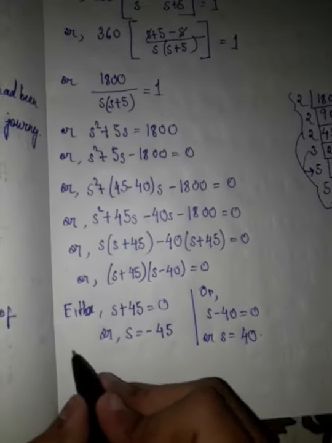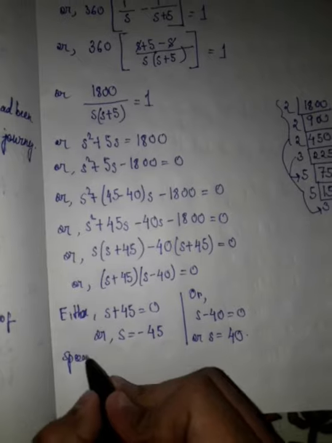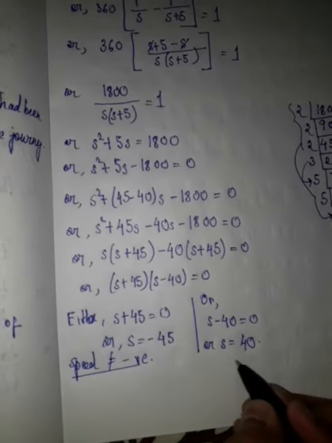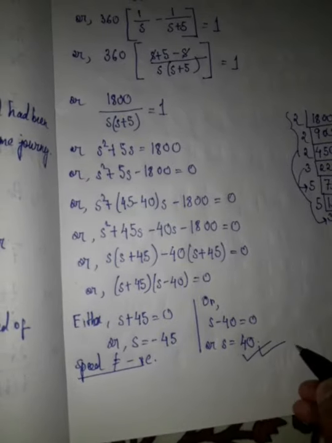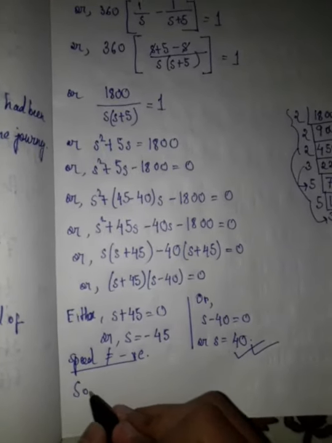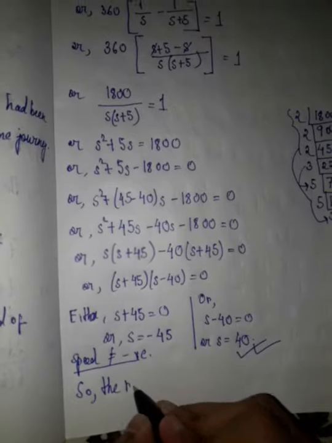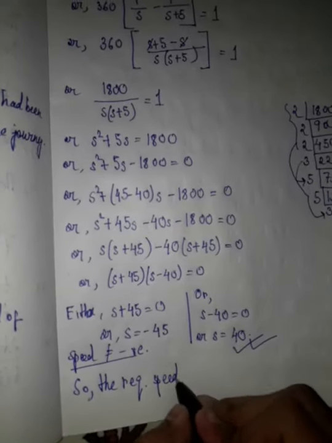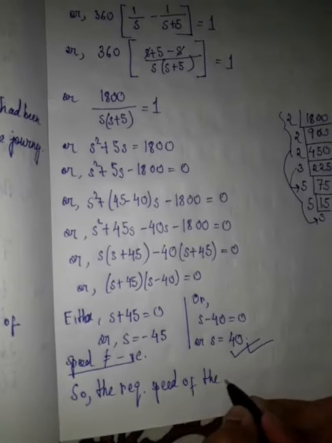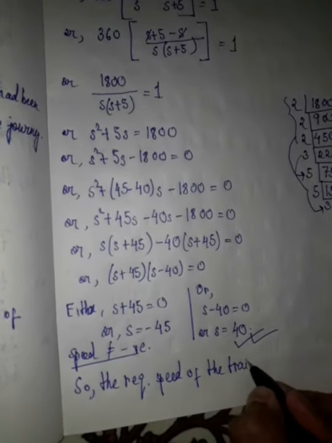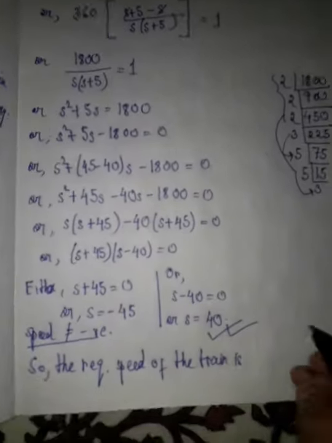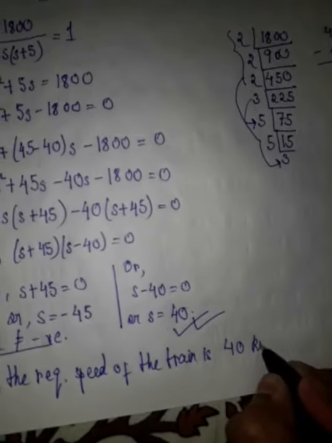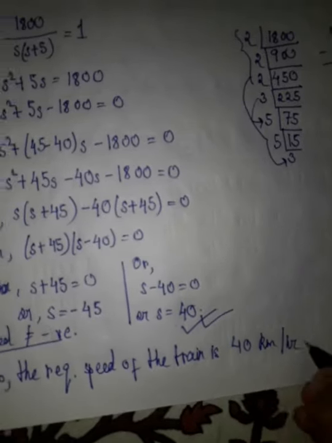Since speed cannot be negative, we will consider this one. So the required speed of the train is 40, and its unit is kilometer per hour.